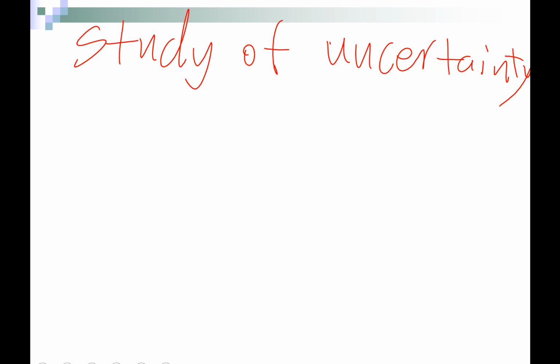Is anybody uncertain about what's going to happen February 4th, when the Eagles play the Patriots? Okay, so you don't know the outcome of that. Nobody knows the outcome of that. There's some uncertainty involved with the outcome of the Super Bowl.